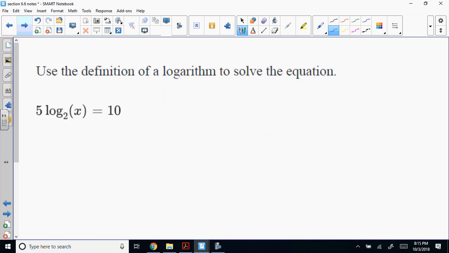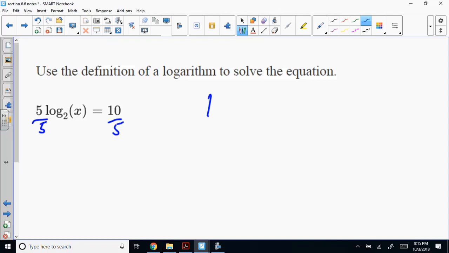Use the definition of a logarithm to solve the equation. Well, yeah, you divide both sides by 5, right? Because that's 5 times it.